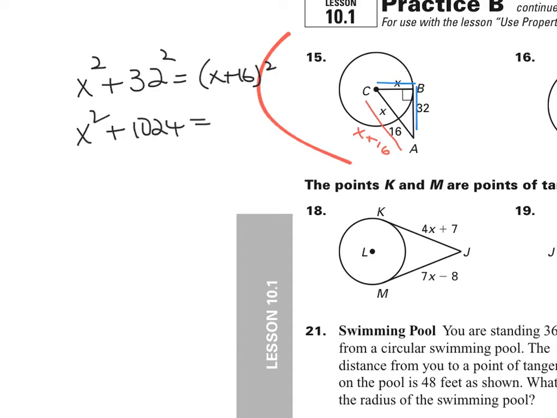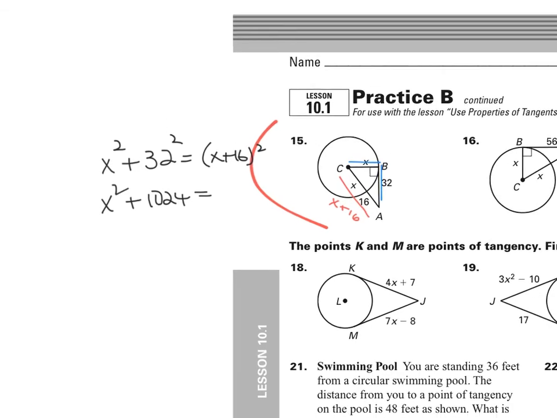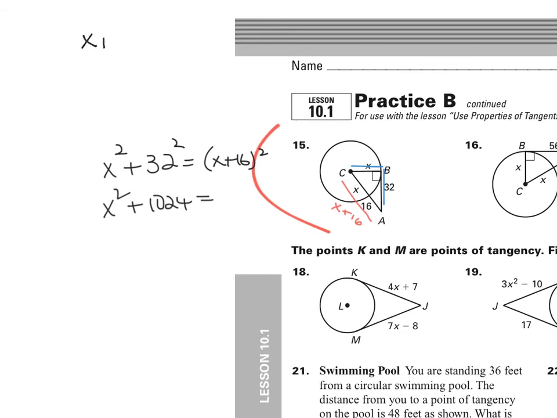I have to FOIL my hypotenuse. So x plus 16 squared is really just saying the same thing as x plus 16 times x plus 16. So here's where I FOIL. First, outer, inner, last. So x times x is x squared. Outer gives me 16x. Inner gives me 16x.